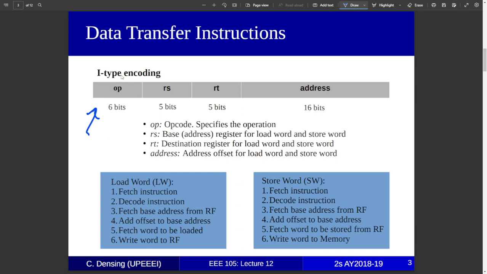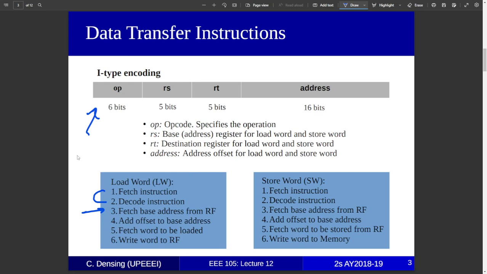For load word, these are the things that we need to do. So fetch and decode are as usual. We need to do that for all instructions. But following that, we need to do some special things. We need to fetch the base address from the RF.